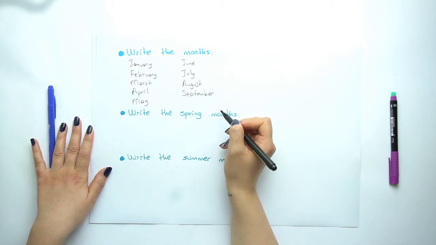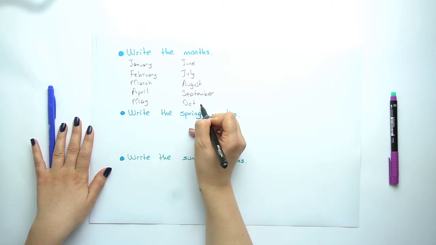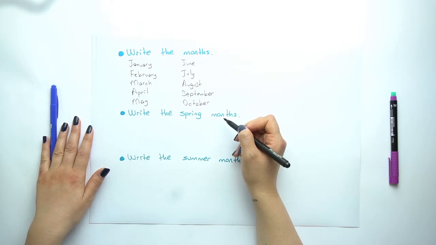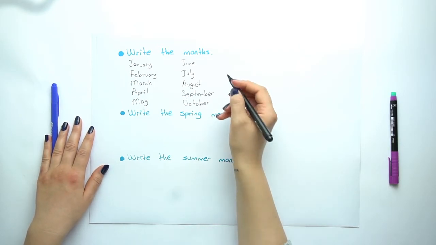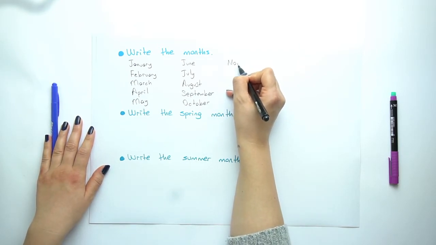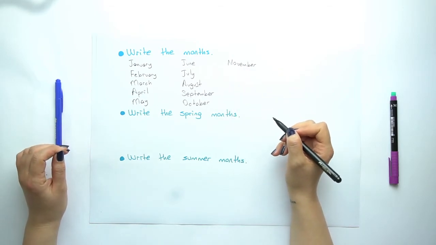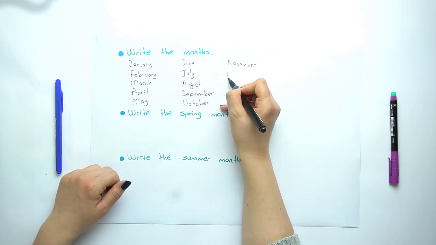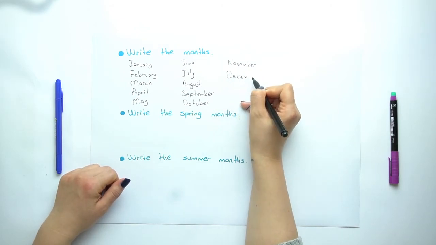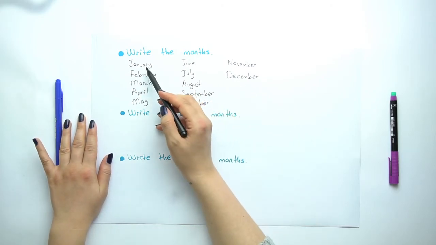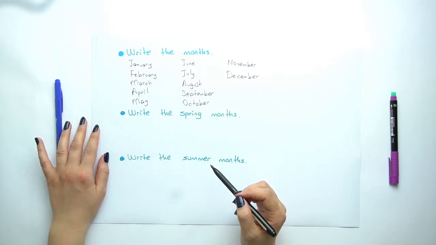After September, we have October. And what comes next after October? We have November. And what comes after November? We have December. December is the last month of the year. And January, it is the first month of the year.